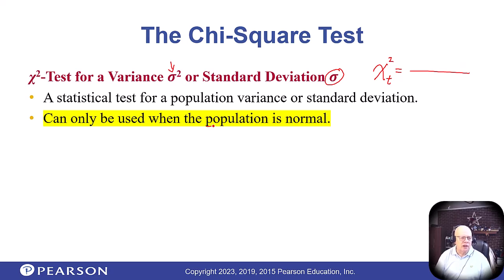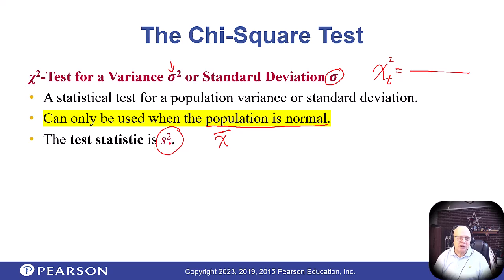Now, the population has to be normal. Don't forget. We're stuck with that most of the time. The test statistic, S squared. Remember, for the mean, it was X bar. For the variance and the standard deviation, the test statistic is actually the same thing, S squared, the square of the sample standard deviation.